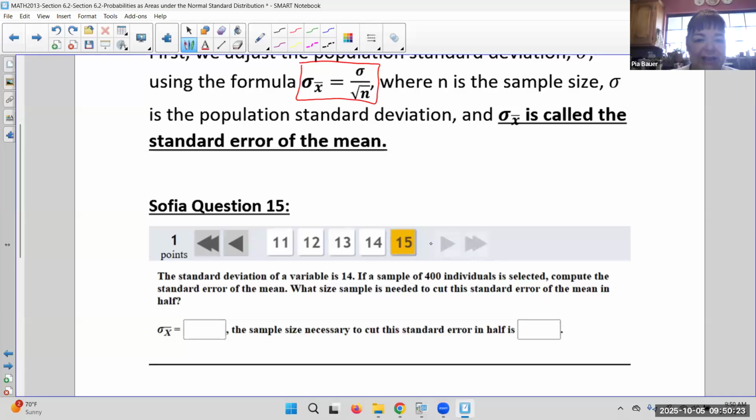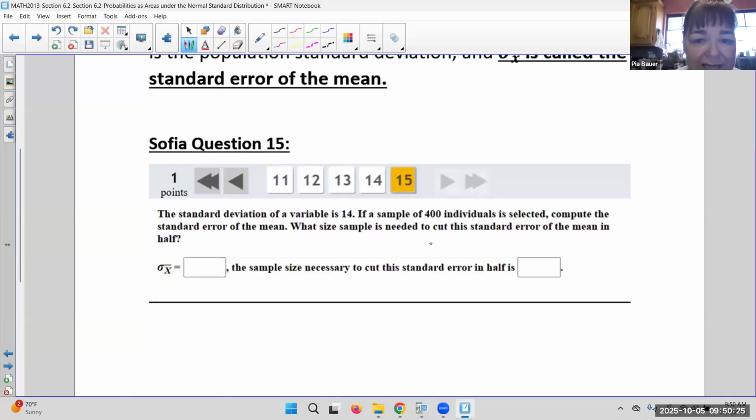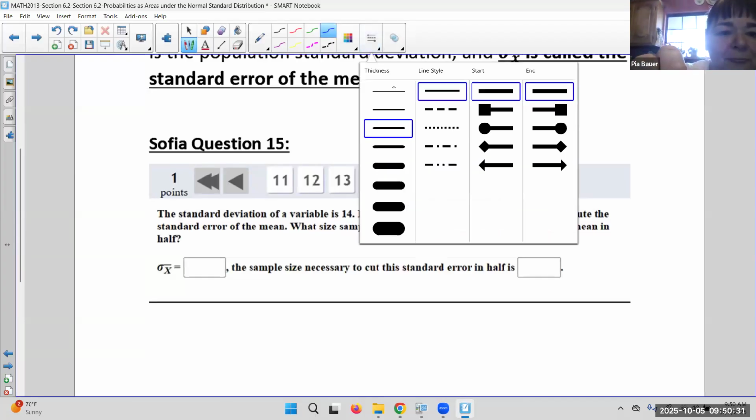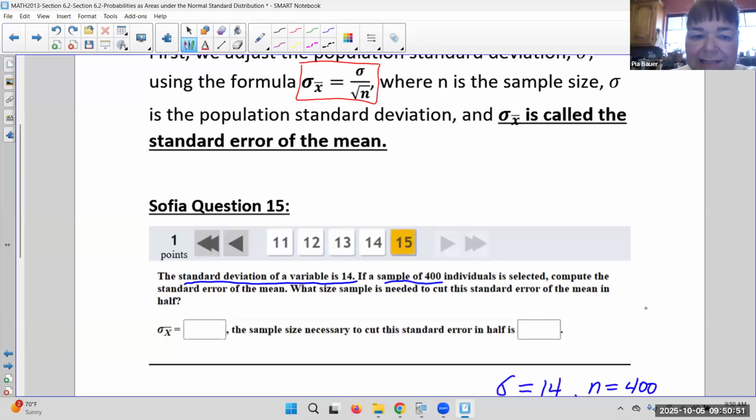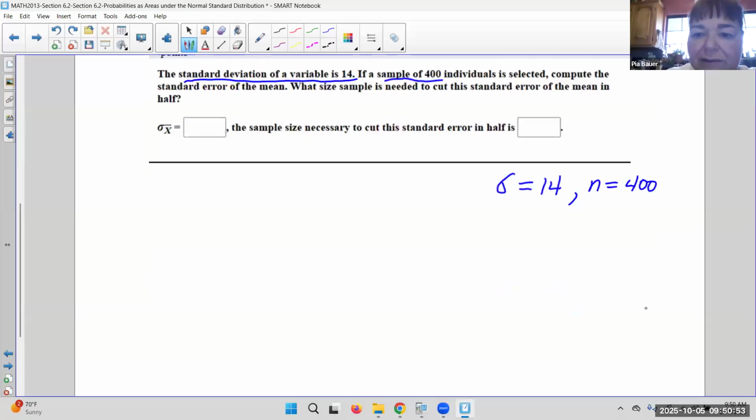In this problem, they ask you to find the standard error of the mean first. They give you that the standard deviation is 14, so sigma is 14. The sample has 400 individuals, so n equals 400.